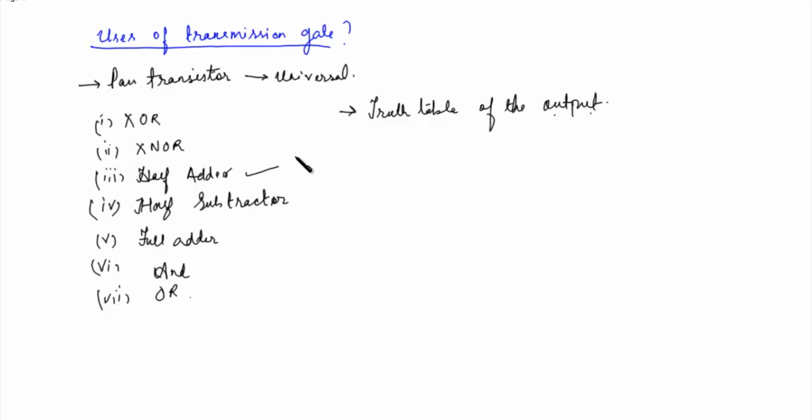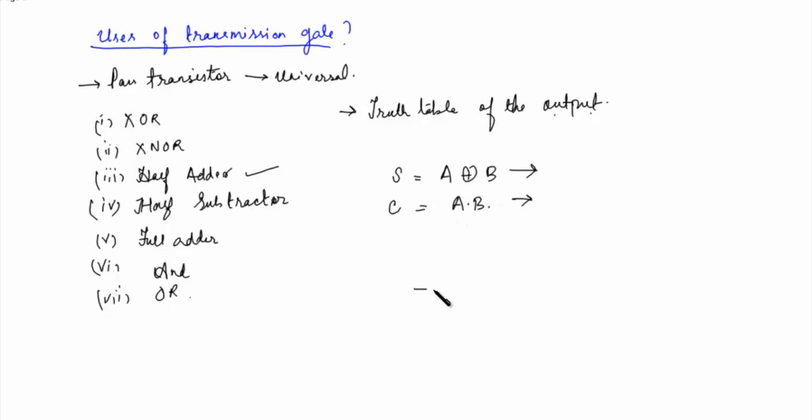For example, for a half adder, the sum is A XOR B, and the carry is A AND B. So keeping in mind the truth tables of the XOR gate and the AND gate, we have designed a transmission gate schematic diagram, then the corresponding twisted schematic and the layout.